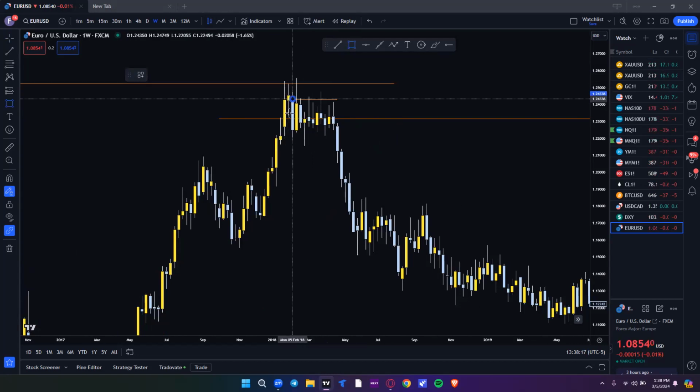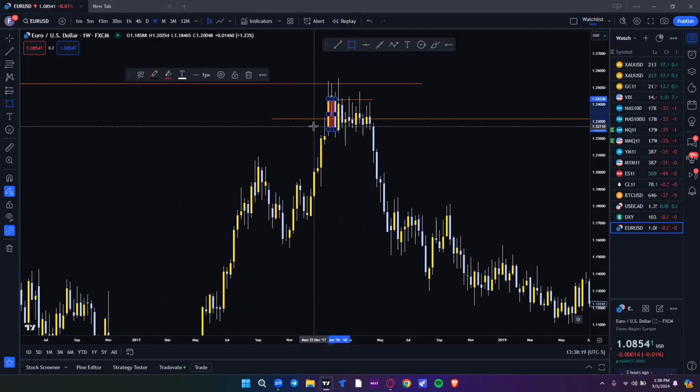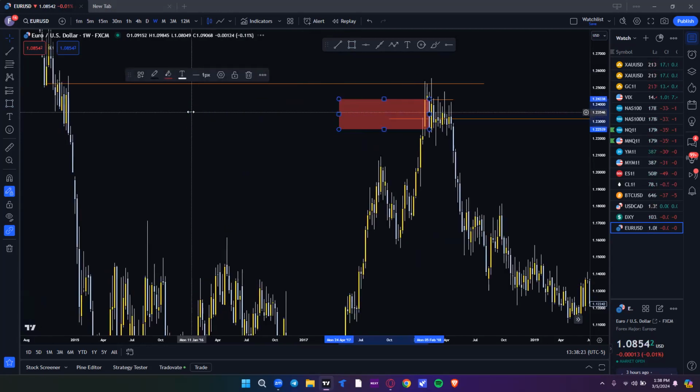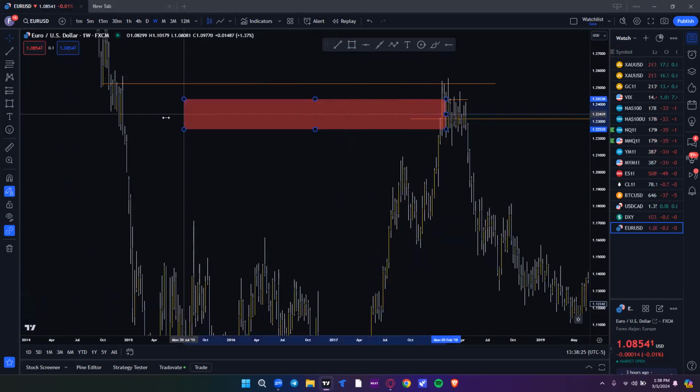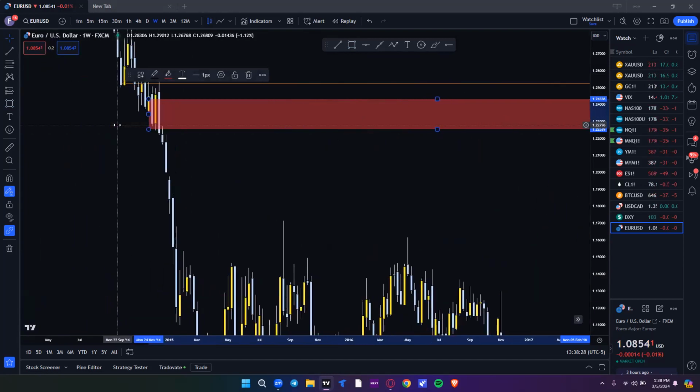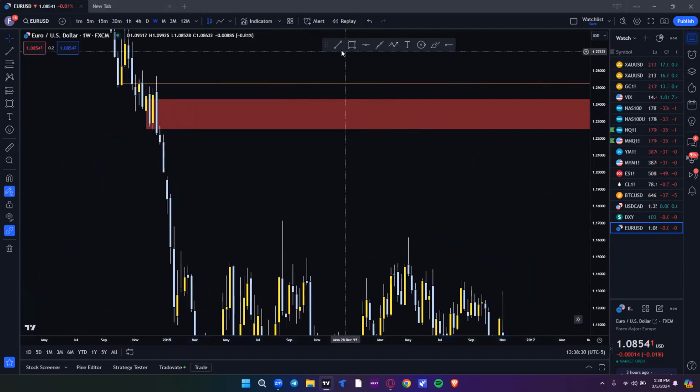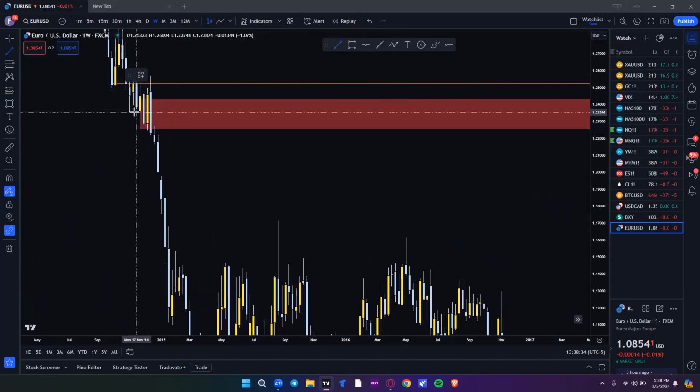For the technical continuation, what you can do here is pull this across and see if it has closed below anything significant to the left. And yes, we can see that it's closed below. The most obvious one is this one. And then you can draw out this one as well.